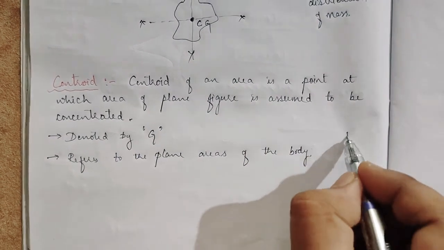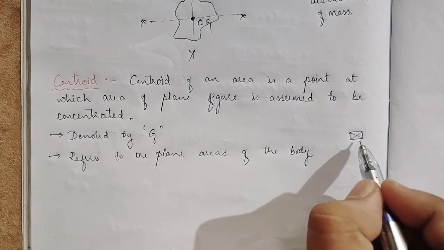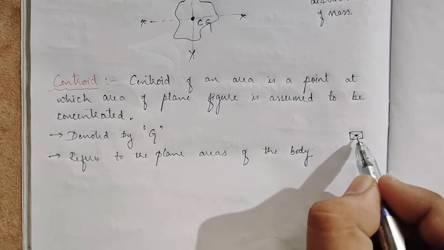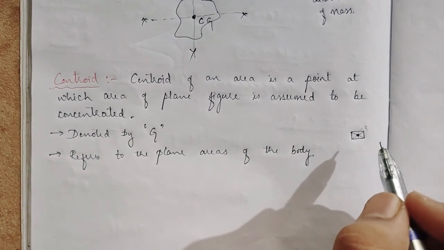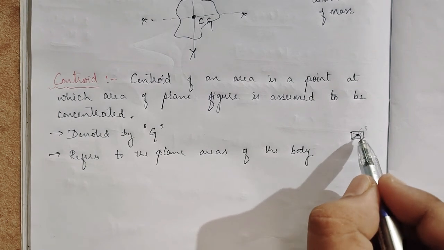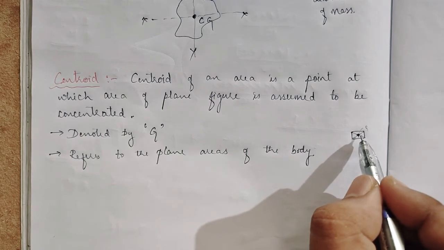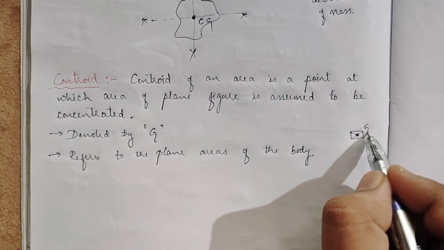If I take a rectangle and draw the diagonals, the point I get by intersecting the diagonals I can call the centroid, because the whole weight is concentrated at that point. This is the plane area, and its weight is concentrated at the point G, which is called the centroid.